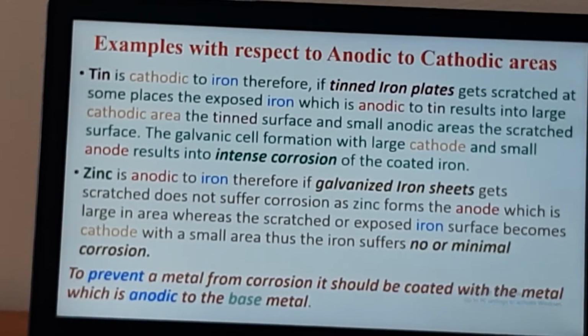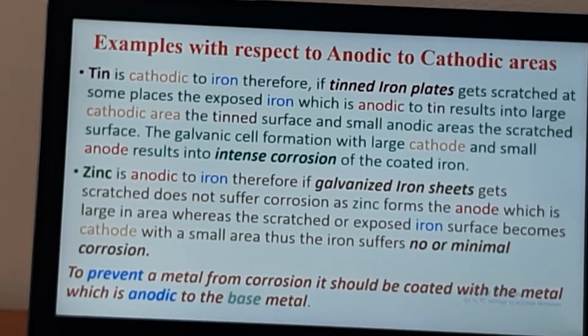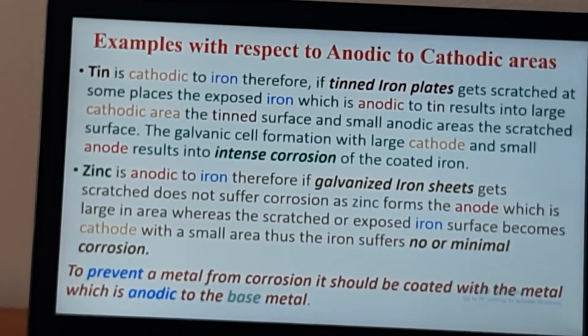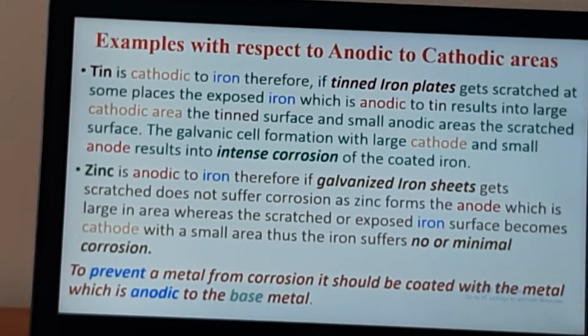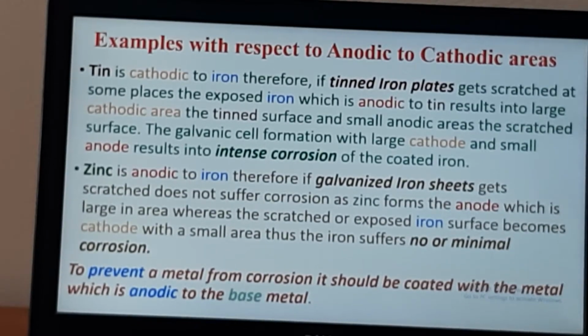On the contrary, if a galvanized sheet of iron is scratched at some point, then zinc is anodic to the iron.